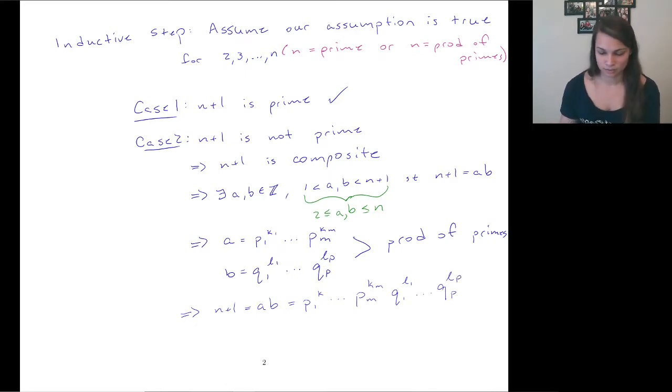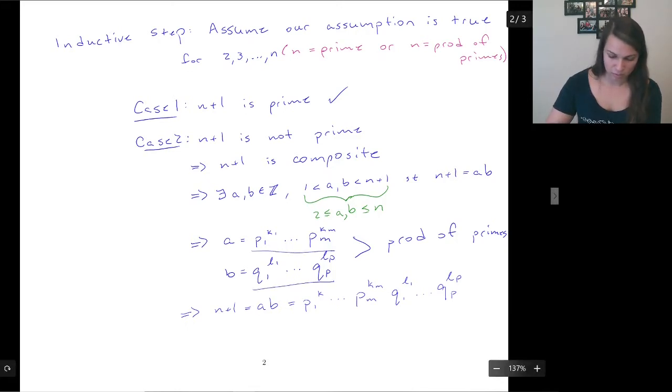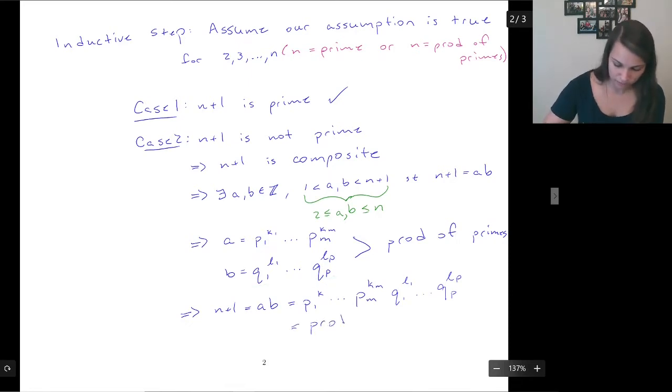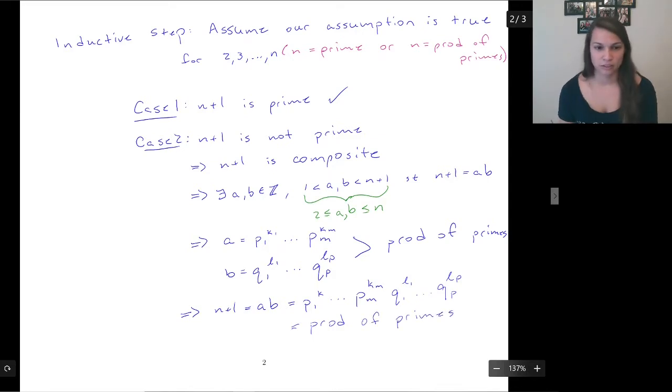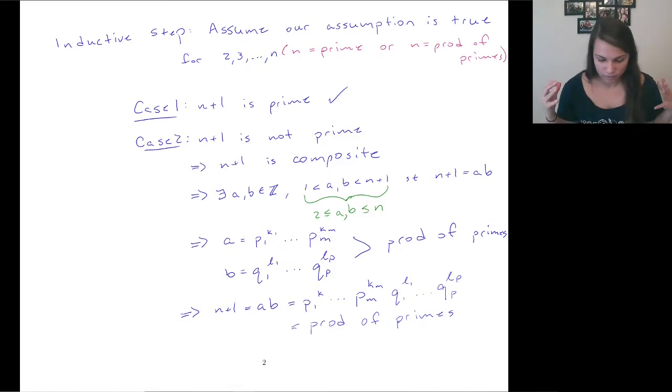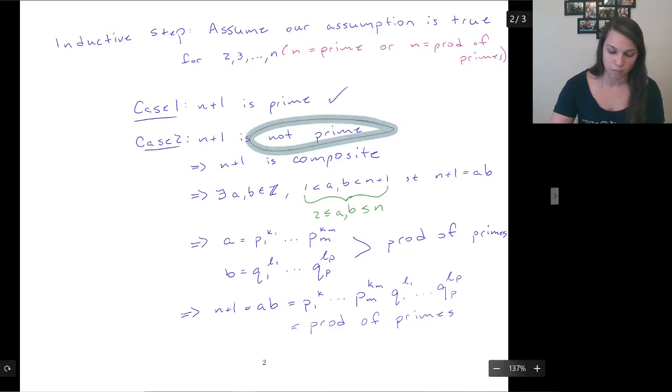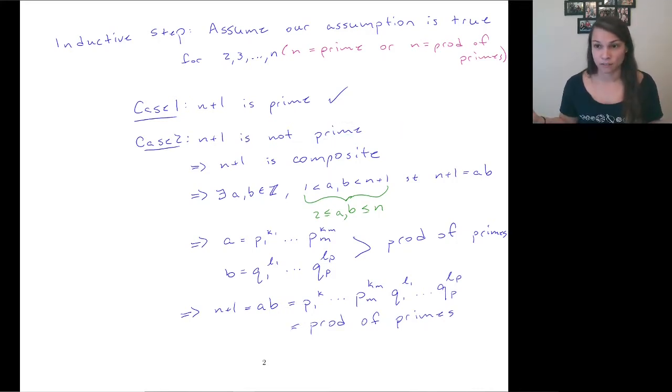So this is a product of primes, and this is a product of primes, which means when we multiply them together, we just have a product of more primes. So there you go. n plus 1 has been written as the product of primes in the case that it is not prime, and that covers all of our bases.